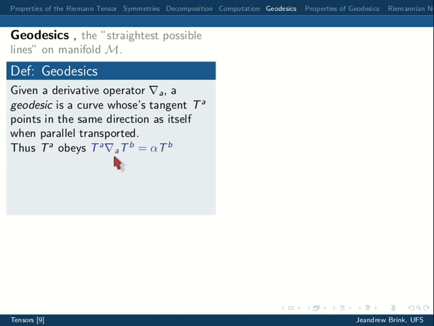And so you are applying a derivative operator to that, so it's going to give you a second order equation in the parameter along the curve. So that's your strict definition of a geodesic, and alpha is an arbitrary function on the curve.